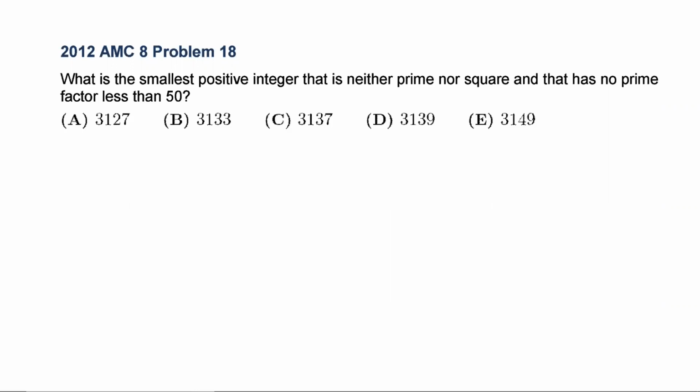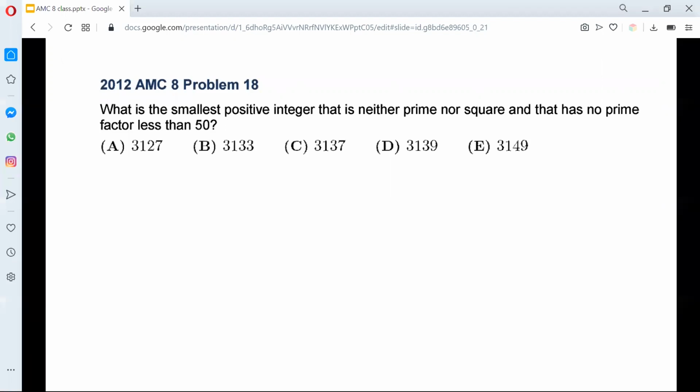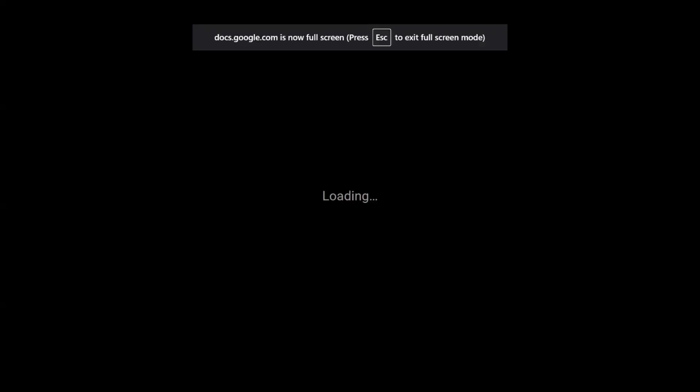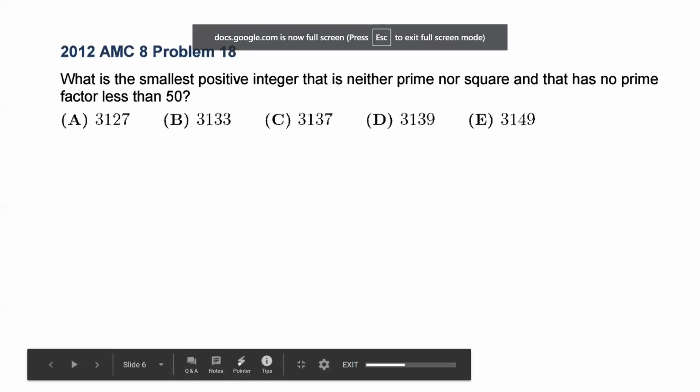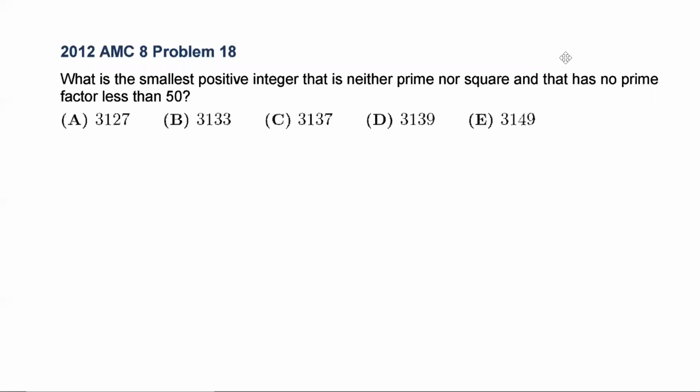So for those of you having a hard time with this problem, hang on, something happened. Okay, so for those of you having a hard time with this problem, because this problem is a very wordy problem, you don't see many numbers here, and it's just all words. So you really have to try to break it down.